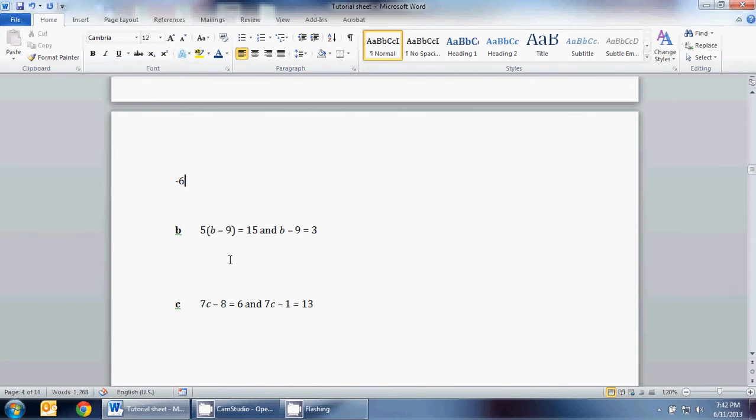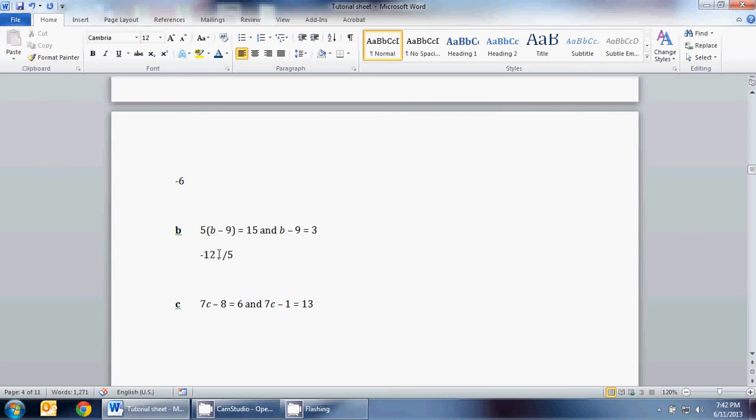For B, once again, we can have a look at the right hand side, and 15 is turned into 3. I can think of two options to turn 15 into 3. The first one would be to take away 12, and the second one would be to divide by 5.